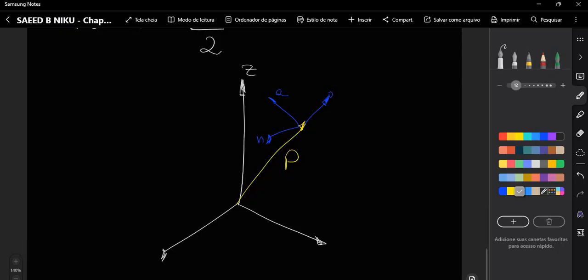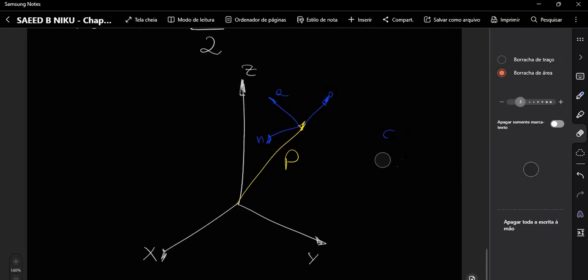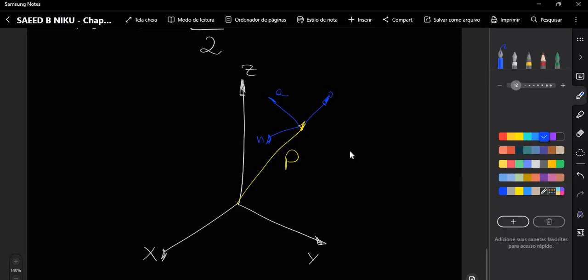That is Z, that is X, and that is Y. As you can see, 90 degrees is the same as perpendicular or orthogonal, and it is perpendicular to the x-axis.